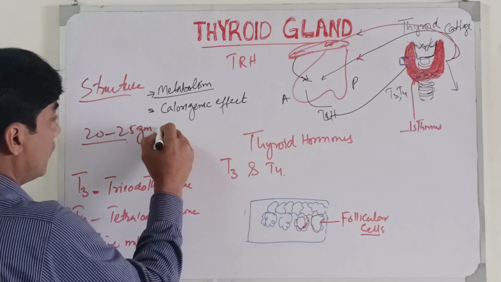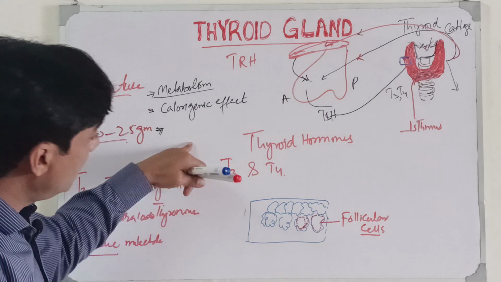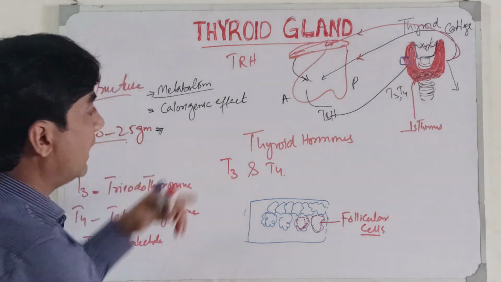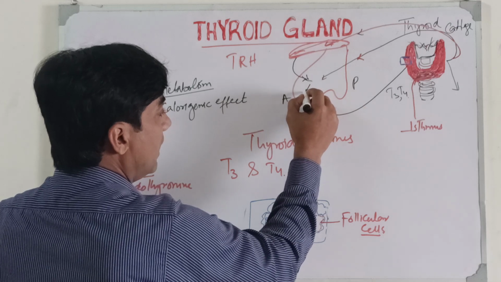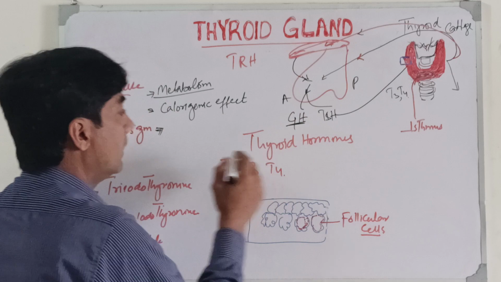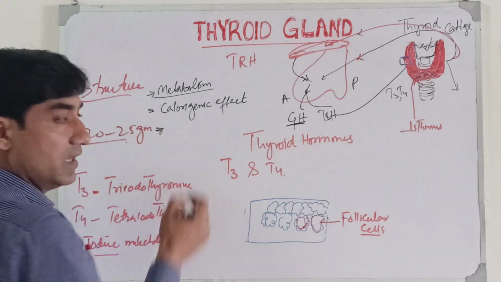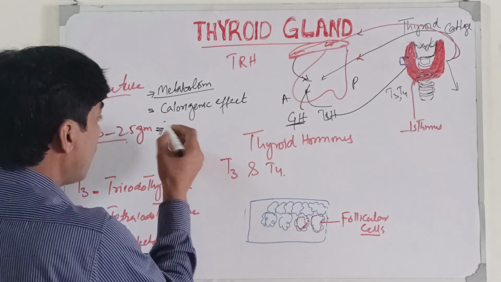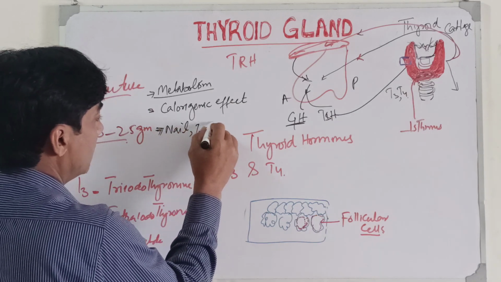It also acts on the anterior pituitary to stimulate the growth hormone. Growth hormone is especially for the development of skin, nails, and teeth.